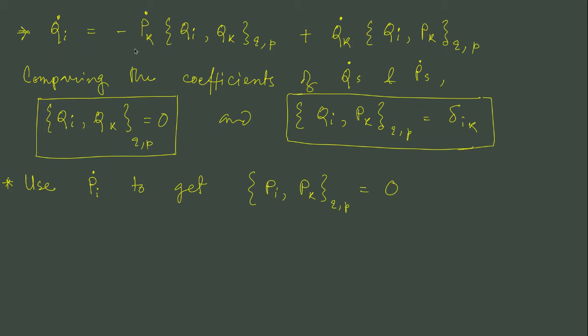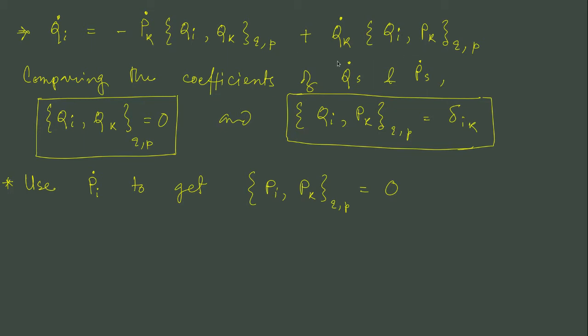Now we can compare the coefficients of Q's and P's. Of course, the coefficient of P must vanish because we do not have any other Pk dot anywhere else. And when we compare the Qi dot and Qk dot coefficients, it is straightforward that the Poisson bracket of Qi, Qk must be delta ik, such that when i is equal to k, then it becomes 1, and you have Qi dot equal to Qi dot, it becomes an identity.